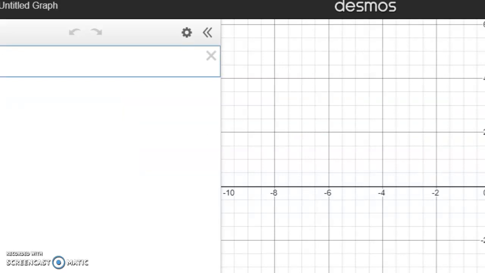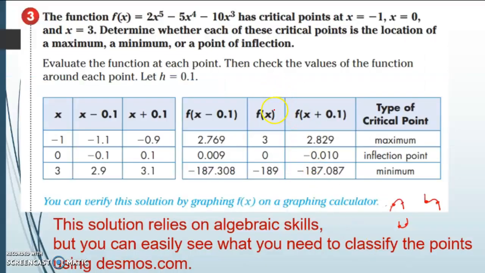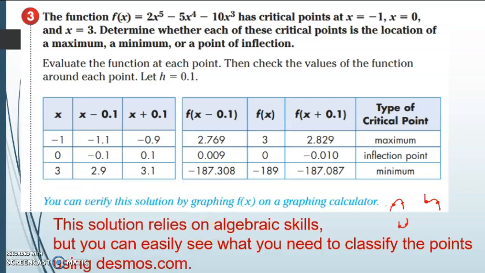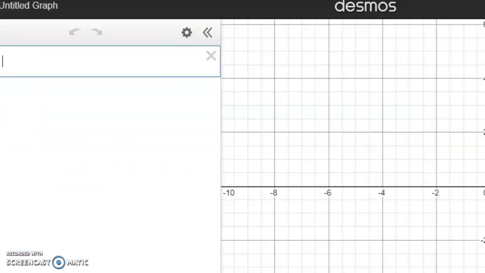All right, so we had 2x to the 5th minus 5x to the 4th minus 10x cubed. I'm writing that down really fast so that when I go to Desmos, I'm going to be able to write it down.